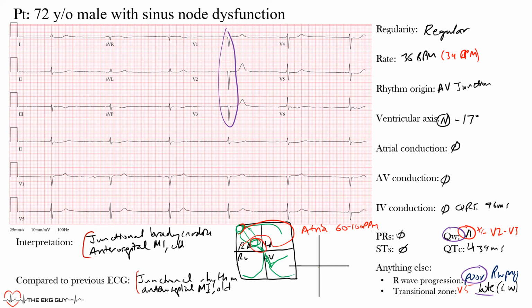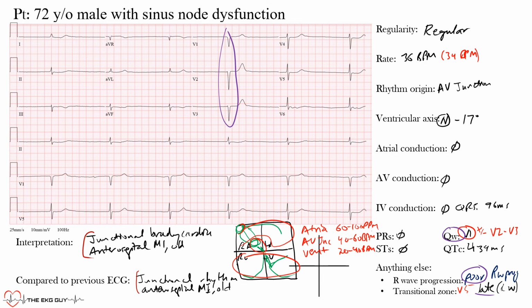This AV junctional region has an intrinsic rate between 40 and 60. Okay, and these are all estimates. There's more exact ones, but this is a good framework to keep in mind. And the ventricles have their own, between 20 and 40 beats per minute. Okay, and this can sometimes help you to locate where that rhythm is originating from.